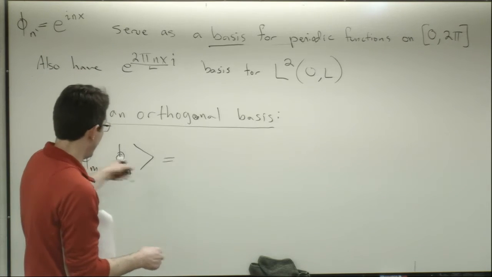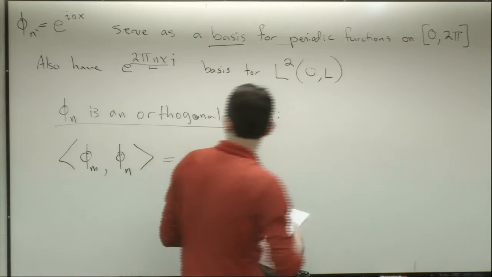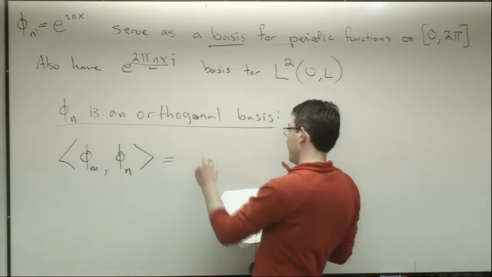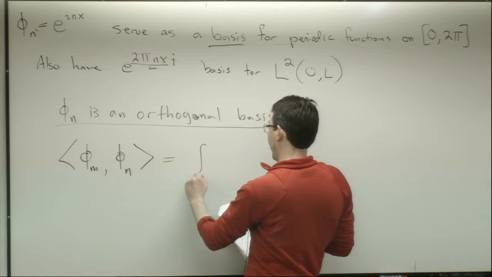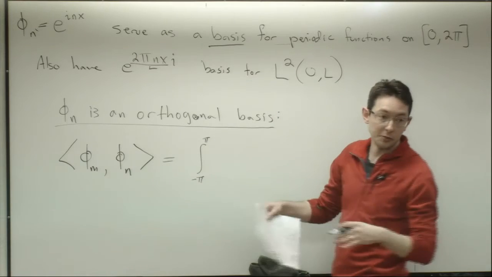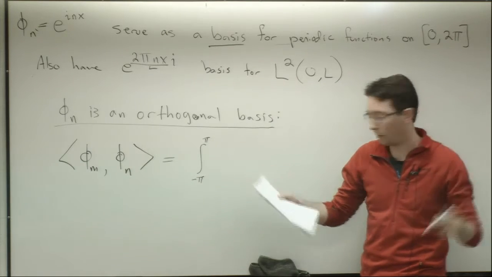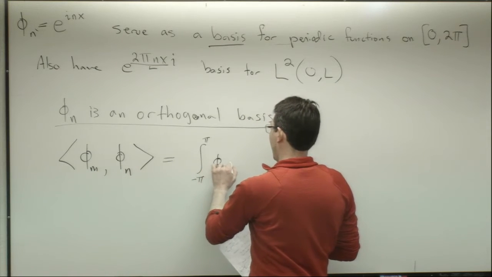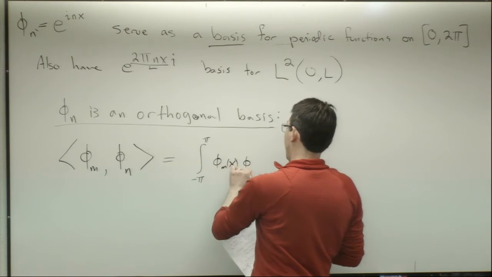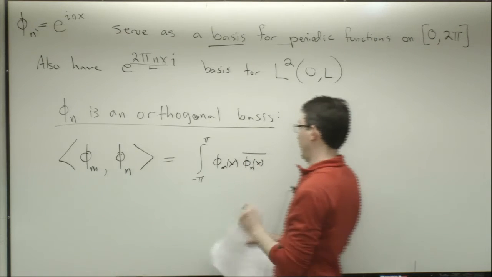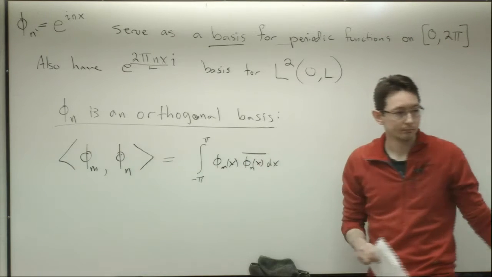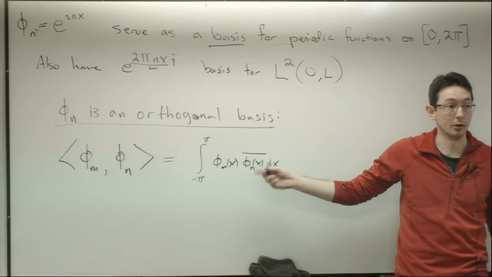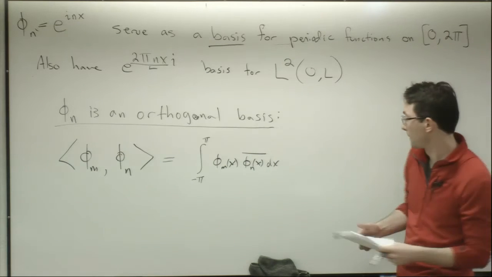The integral of the product, and one of them has to be conjugated. So it's the integral. I'm going to do it from minus pi to pi, but you could do it from 0 to 2 pi or 1 to 2 pi plus 1. It doesn't matter. Of phi m times phi n conjugate dx. Right, that's our inner product. This will tell me how close these two vectors are.